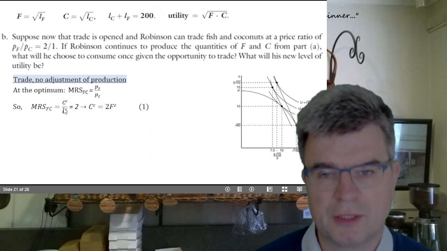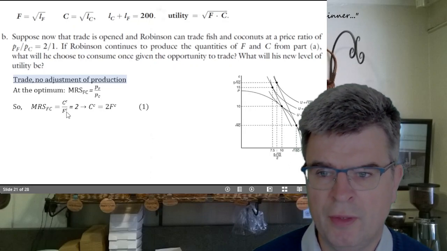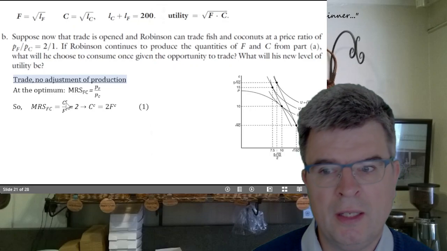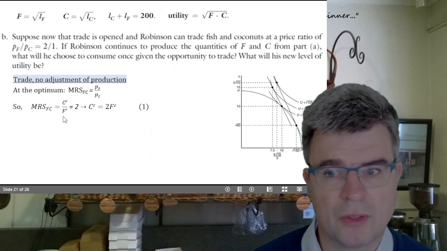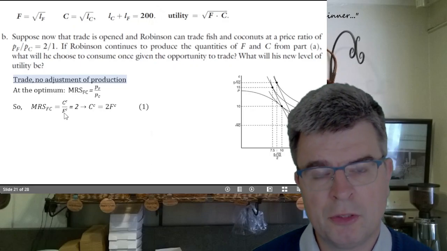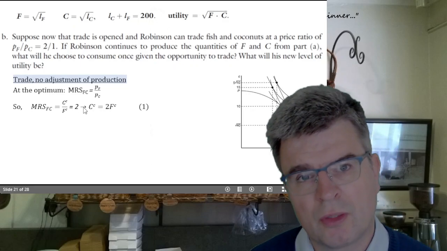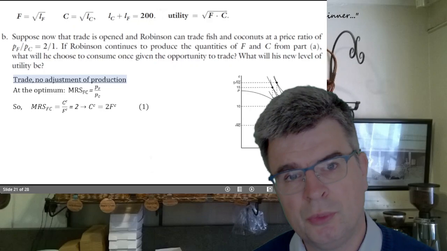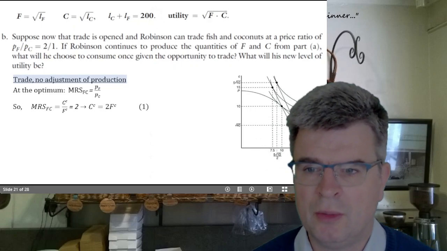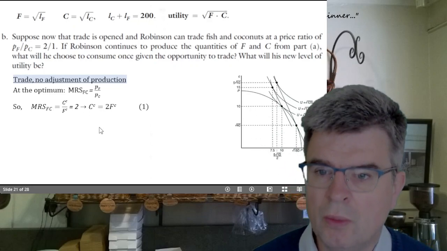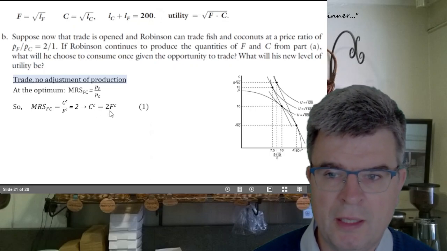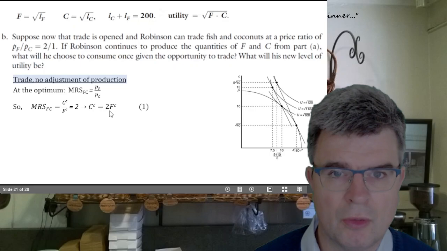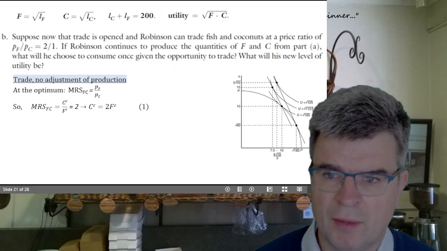From the previous exercise, we know that this is C over F. I added an index C here to consumption of coconuts and fish to distinguish between the number of coconuts and fish that Robinson produces and the number that he consumes. So in the end, he will consume twice as many coconuts as he will consume fish.